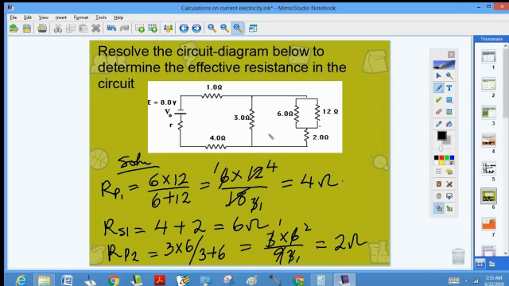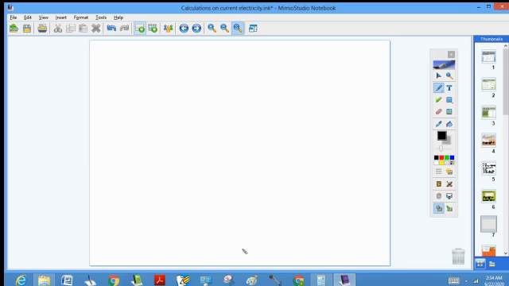Having found that, we have resolved what we have here. The effective resistance now will be in series, because this and this combine to give us one resistance, and that has a value of 2 ohms. Moving ahead, we have resolved resistance in series.